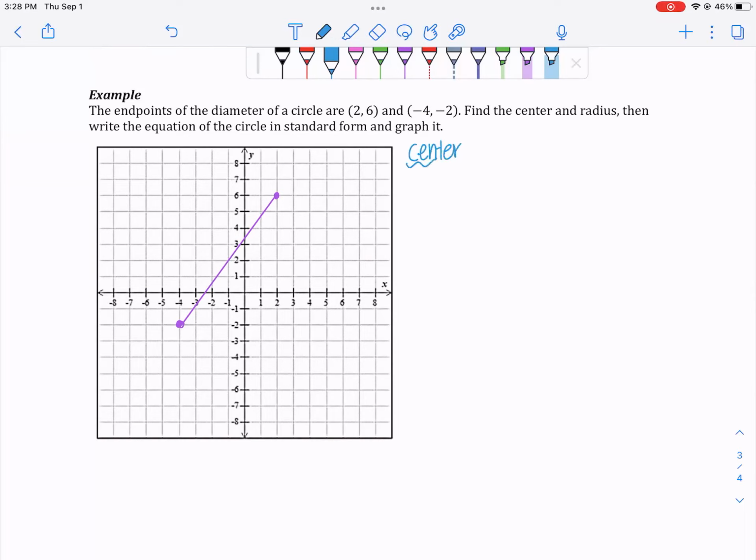The center of the circle is halfway between the 2 ends of the diameter. Right? The diameter goes all the way across the circle. The midpoint is halfway between both ends of the diameter. I'll write it down.